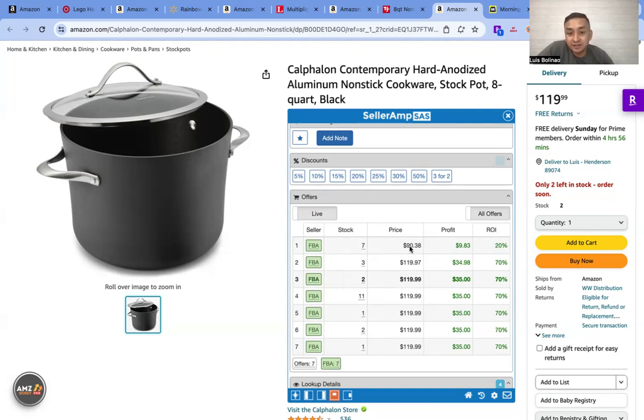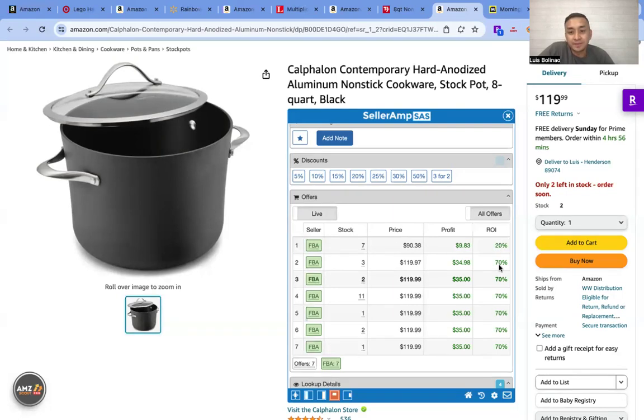But after this seller sells out, the ROI is going to jump to 70%. So to me, this is good because even if the sales per month is on the low side, the competition is also low. And it's giving me a good ROI, especially after this first seller sells out, because once this guy is out, the ROI is going to jump to 70%.